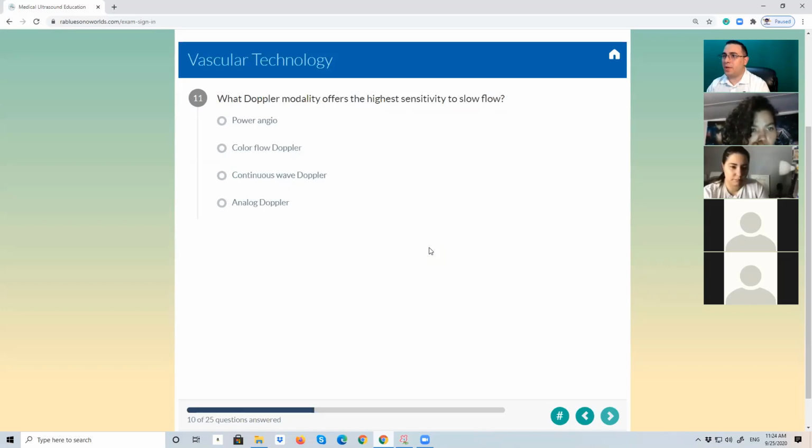Continuous wave gives you a nice sensitivity, yes, but there is another one that is going to give you even more sensitivity to the flow. Power angio, which is the power Doppler, perfect. And remember, the problem with this one is that when you use it, the frame rate is going to go down a lot. But when you're looking for that very slow, small flow, you're going to use this one here.